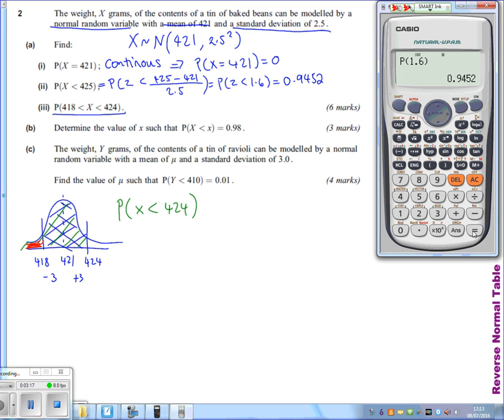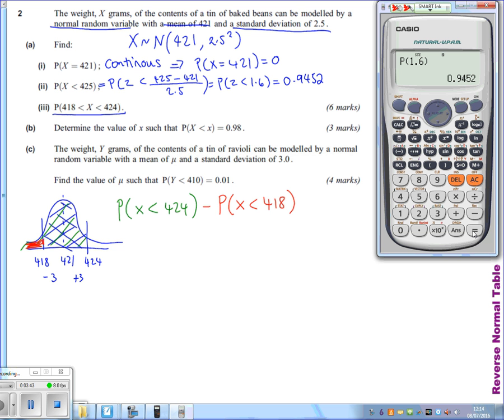I don't want the bit that's less than 418, because that's outside my area of interest. So I need to take away the probability of x being less than 418. So this is where a lot of people make a mistake. They think that they need the bit in between, so they're changing the sign to x is greater than 418, but that's not how we're working it out.